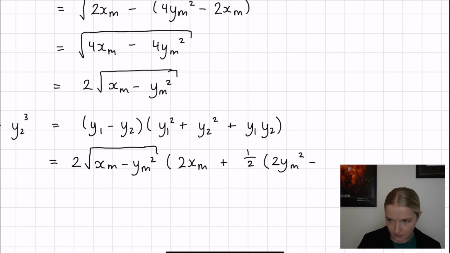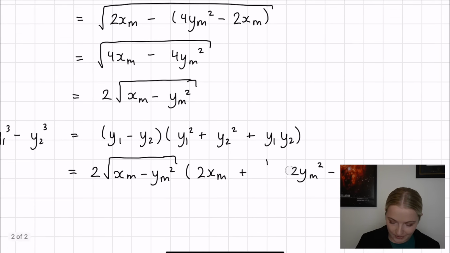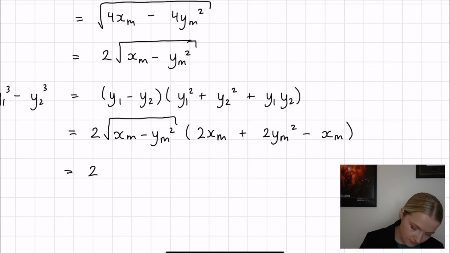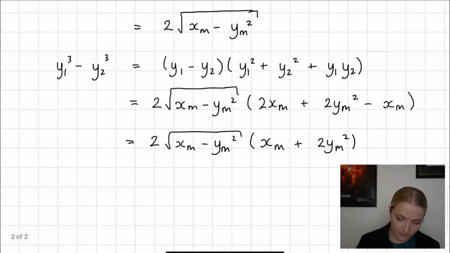I just did that, let me rub this out because it would be what I just said, which would be 2ym squared minus xm. And we can simplify this to give us, in fact, I'm going to write the xm first, and I'll explain why in a moment. Xm plus 2ym squared. Okay, so we now have a term for y1 cubed minus y2 cubed.